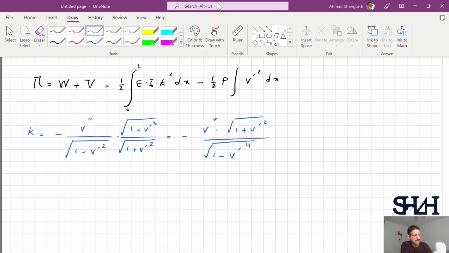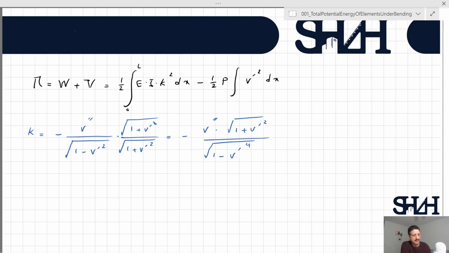And we know that the rotation of a beam at the distance of x is very close to 0. So as a result, v prime to the power of 4 is very, very close to 0. And this can be rewritten as the second derivative of v times 1 plus v prime squared.